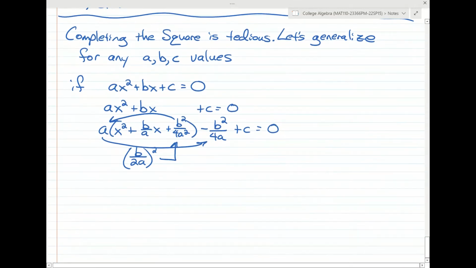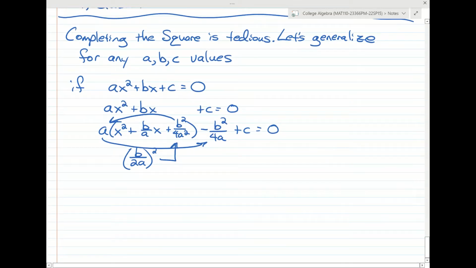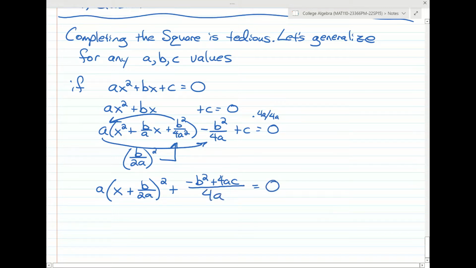Let's try to combine the negative b squared over 4a with the c by getting a common denominator or multiplying the top and bottom by 4a. We'd get a times, remember, half of the middle like we discussed. And then this would be minus b squared plus 4ac all over 4a is equal to 0.